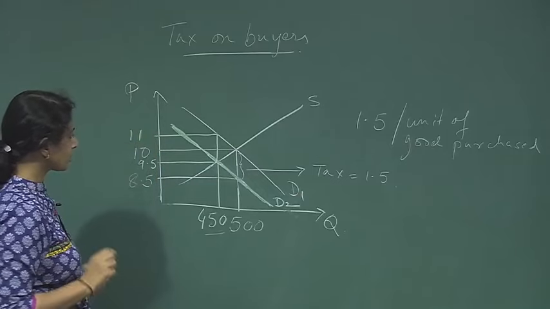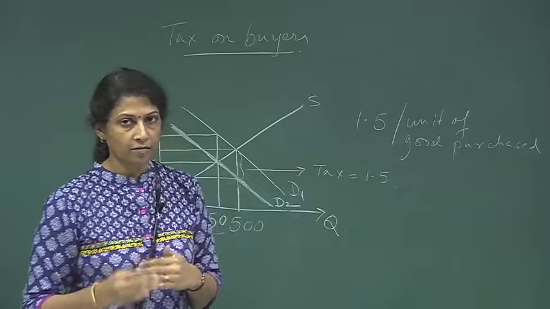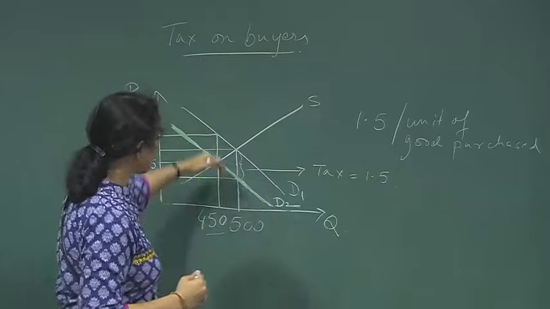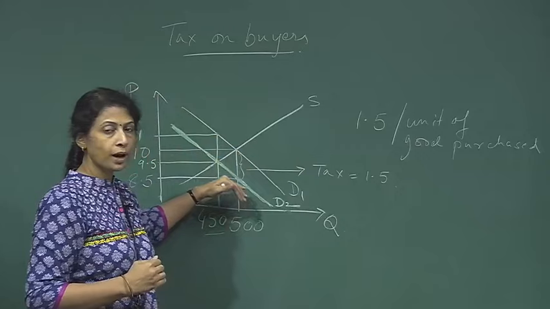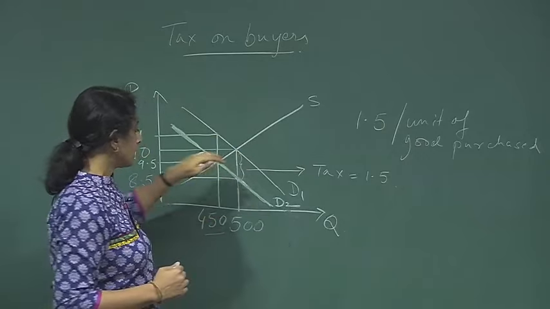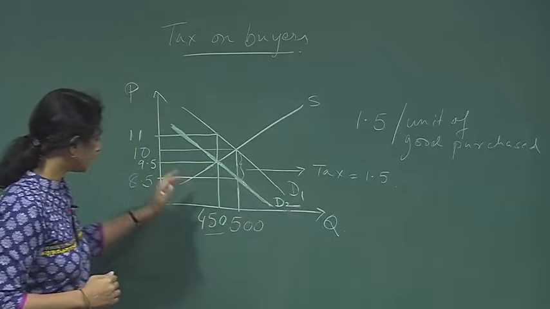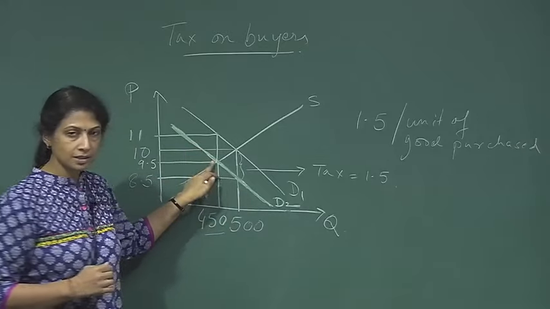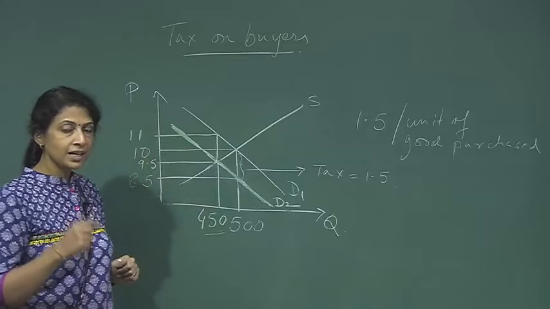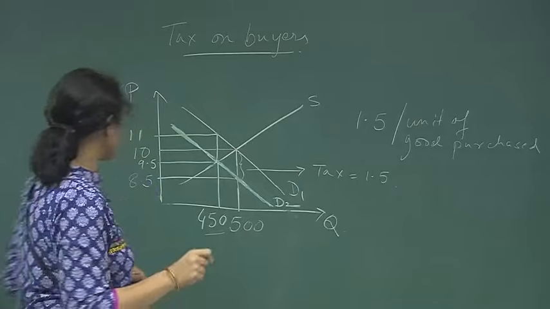So, basically what we are seeing here is, because a tax of 1.5 has been imposed on the buyer, the demand curve shifts down by 1.5 units. At every point on this curve, the buyer is willing to buy certain amounts at prices he would like to pay to the supplier, knowing that he has to pay an additional 1.5 for every unit that he purchases.